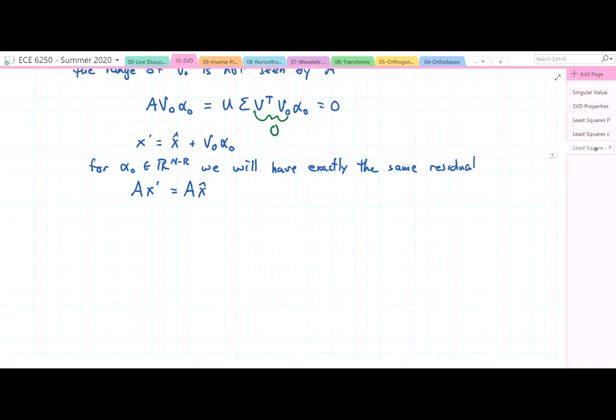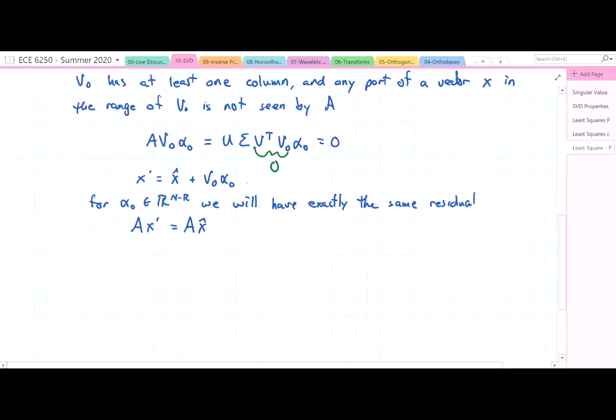Here we've got an infinite number of solutions, parameterized here by our x prime as a function of alpha. So let's just choose the one that has our smallest norm.